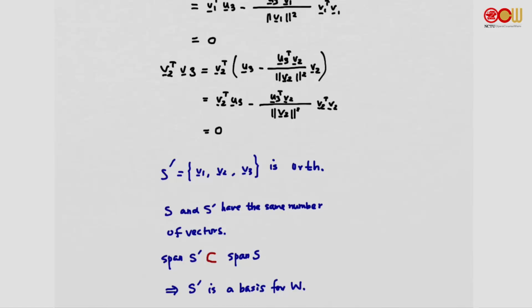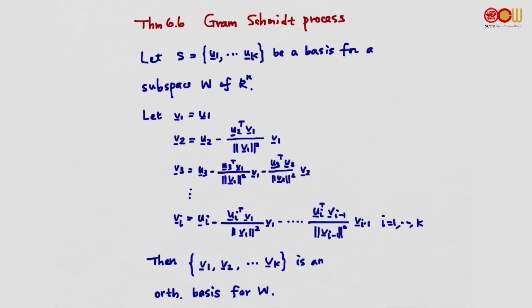so we can conclude S prime is a basis for W. Now we are ready to generalize what we have been talking about to a more general case, the Gram-Schmidt process that converts an arbitrary basis, U1 to UK, a basis for a subspace W of Rn.